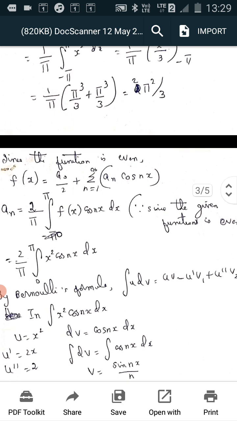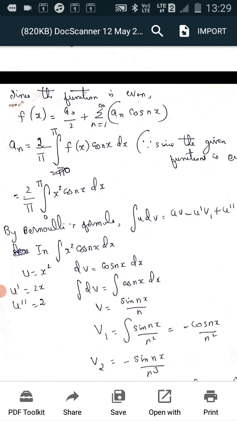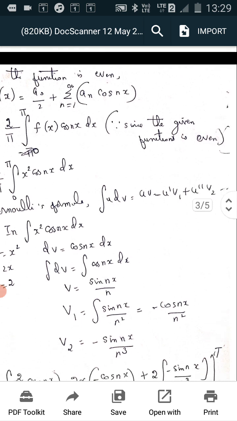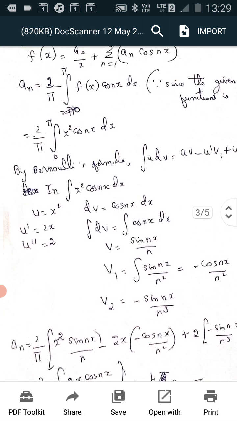So f of x is equal to that formula I have written; b n does not exist, so I have deleted that. a n is nothing but 2 by pi integral 0 to pi f of x cos nx dx, because the function is even. So instead of minus pi to pi, I can write 2 by pi integral 0 to pi, and instead of f of x, I have substituted x square, and using Bernoulli's formula, integral u dv equal to uv minus u dash v1 plus u double dash v2, with u equal to x square.